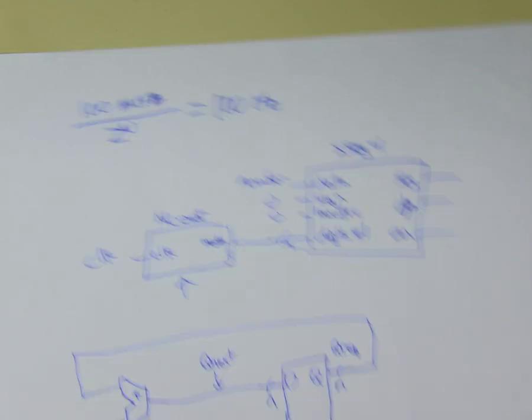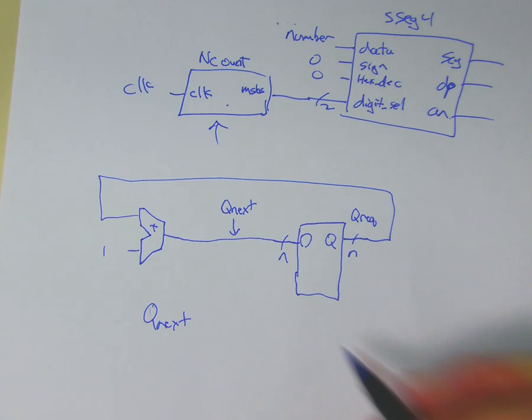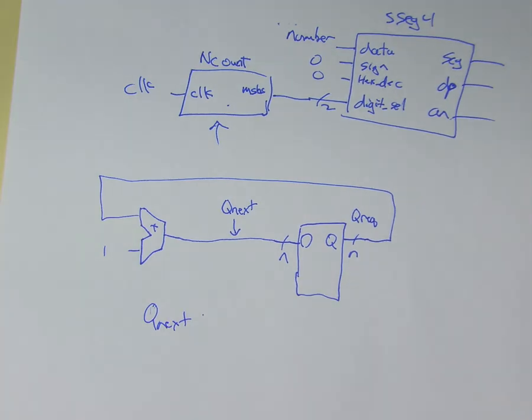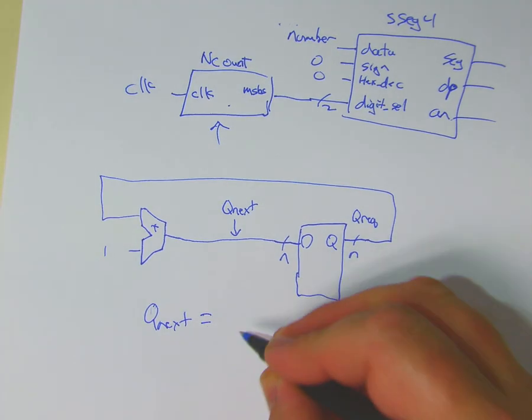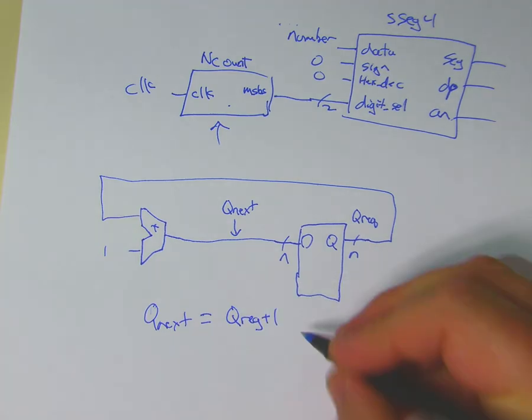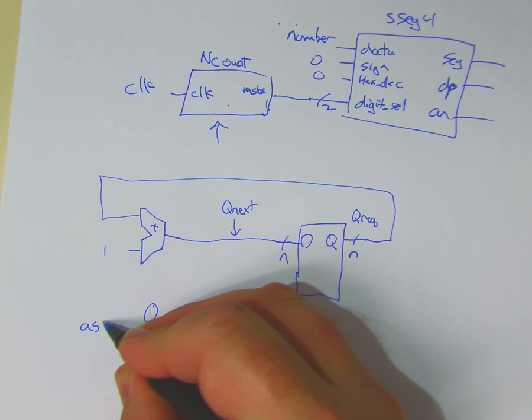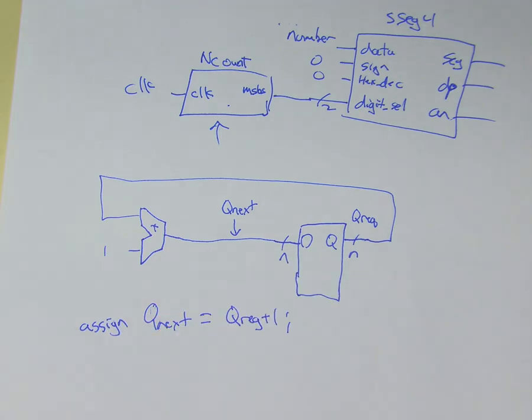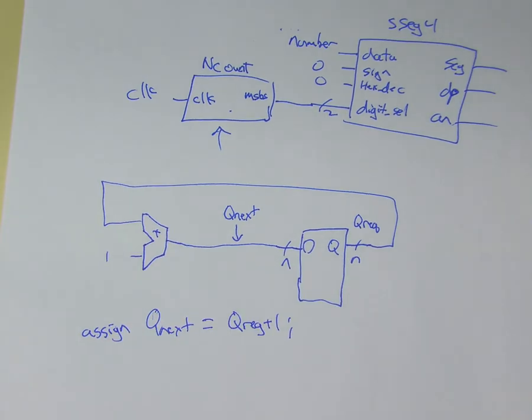Would that just be assign Q next equals Q reg plus 1? That would be totally fine. And then I'd have to make both of those wires of the appropriate size. I mean, that's literally all you have to do.